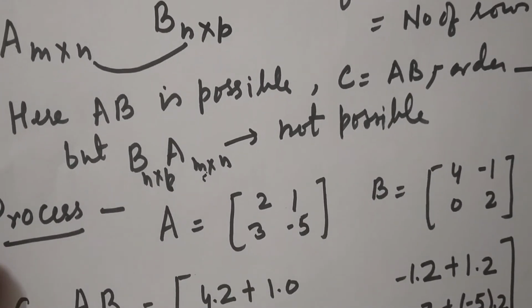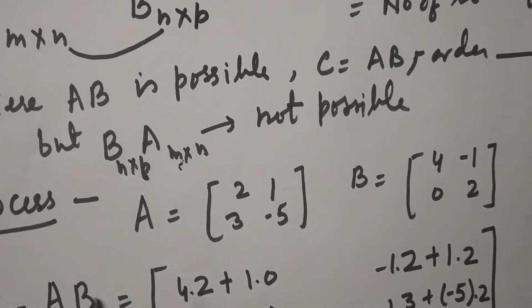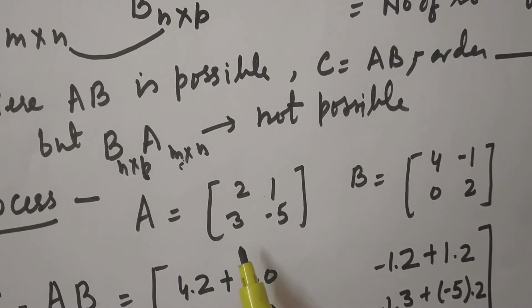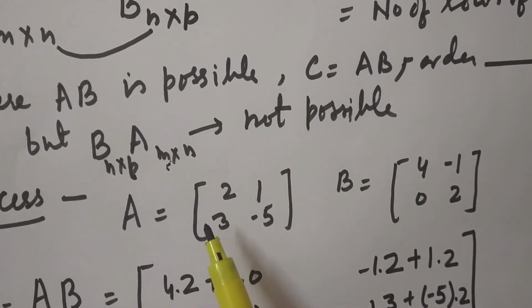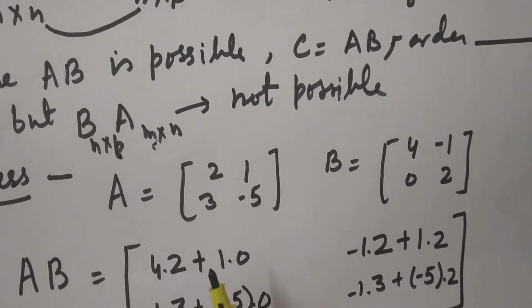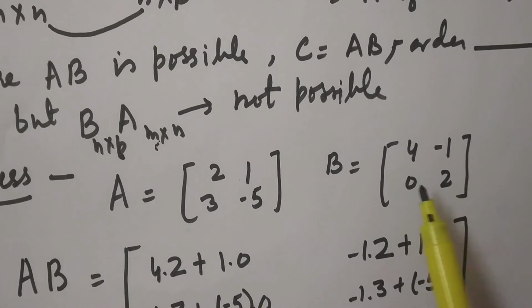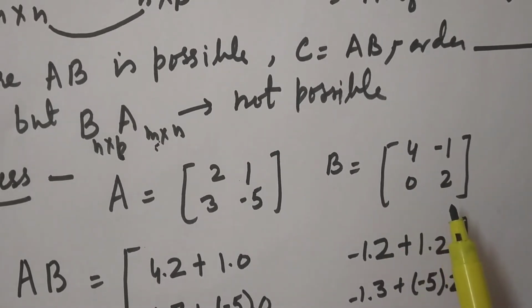Now, let's see the process to find the product of two matrices. Here I have taken A, a matrix of order 2 by 2, and B is again a matrix of order 2 by 2.